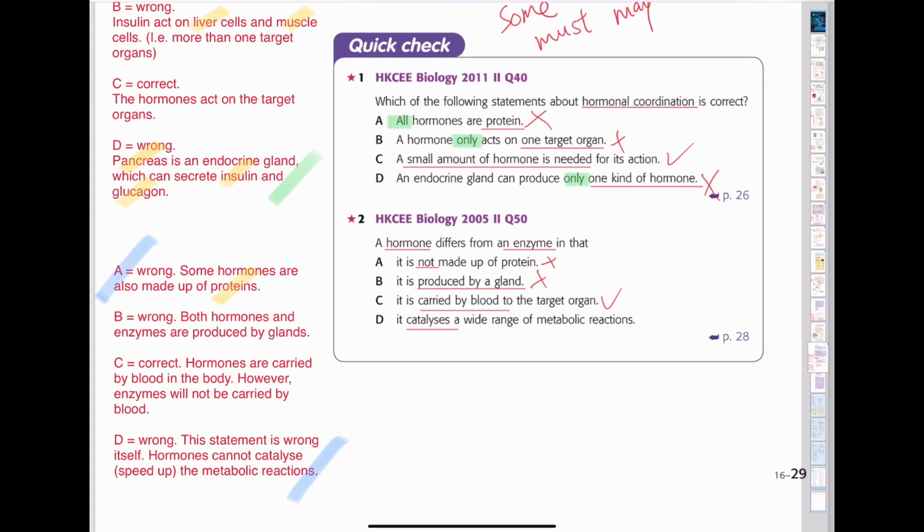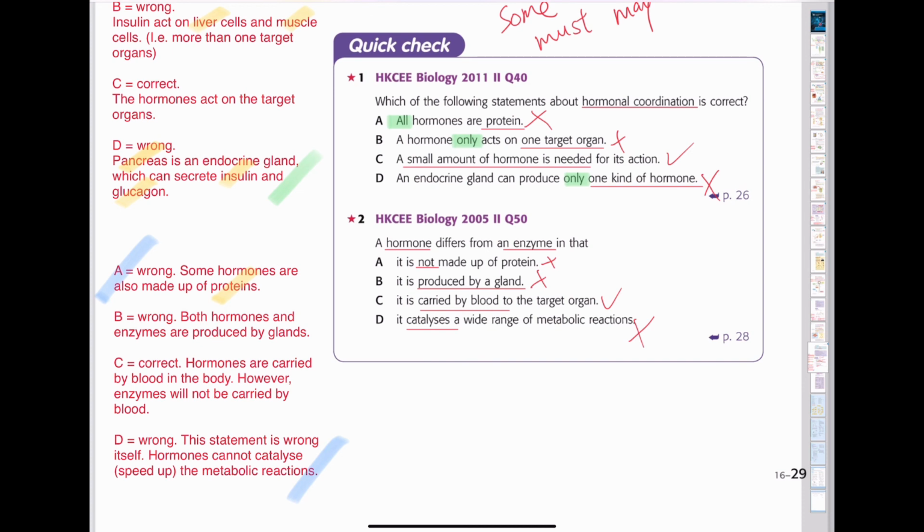And then for D, the hormones can catalyze a wide range of metabolic reactions. This is also wrong, because the misconception is the verb catalyze. The hormone is different from the enzyme, it cannot speed up those reactions, so we cannot use the verb catalyze.